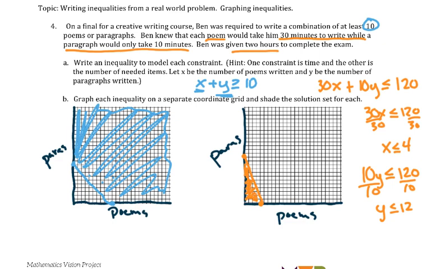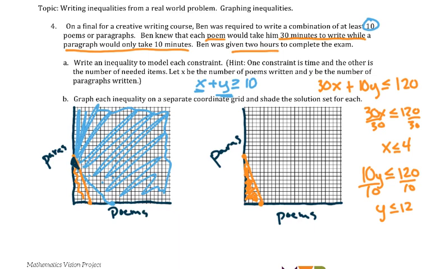Now it'd be interesting to take this one step further, but they didn't require this, to look at them together. So if I graphed them together, I could then look at which portion they overlap, and I can see that really there's only this small area that would work.